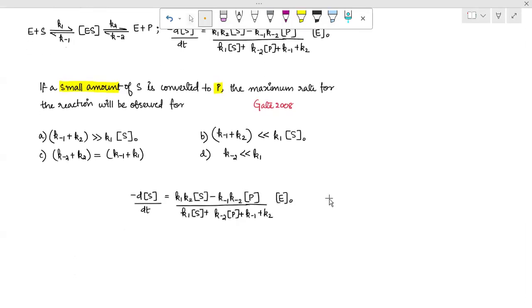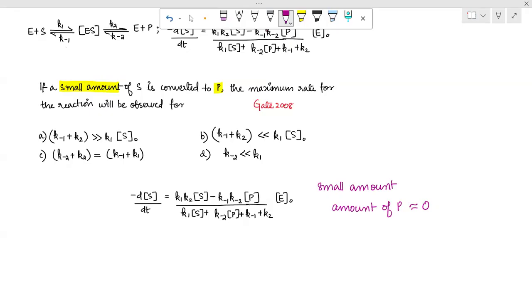So over here, what are we going to assume? We are going to assume that, see, they have given that only small amount of S is converted to P, very small amount. So what we'll say is this small amount, that means something has been converted to the product, but the small amount of the substrate which is being converted to P, we'll assume that the amount converted to P is approximately 0 because only a very small amount has been converted.